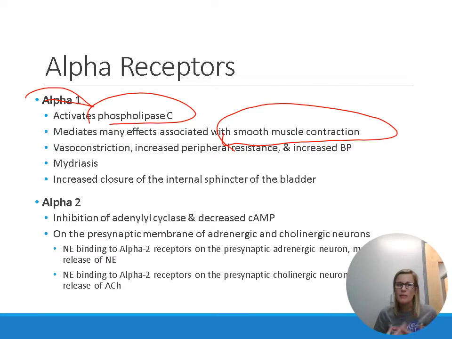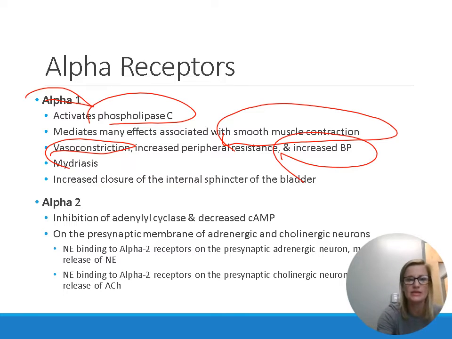So if we're talking about our vessels, right, peripheral vessels, this causes vasoconstriction. Ultimately, if we have vasoconstriction in a lot of peripheral vessels, that increases resistance and increases blood pressure. Also in the eye, smooth muscle contraction causes mydriasis.